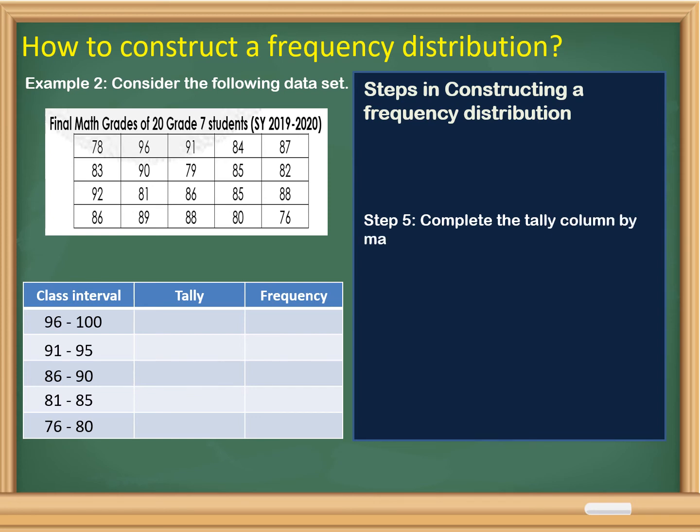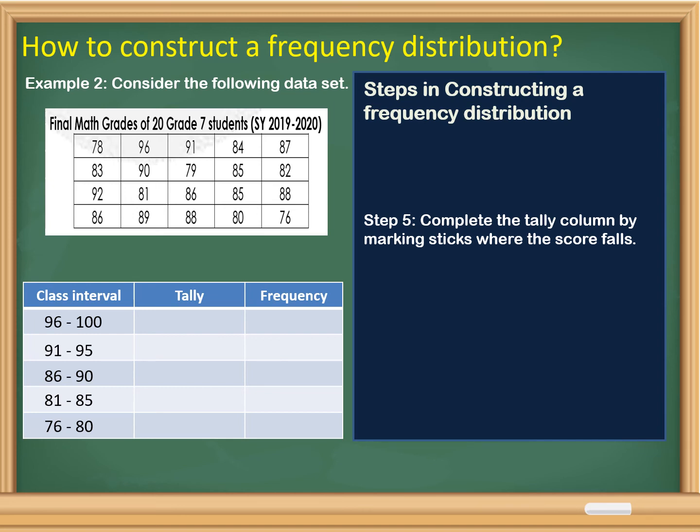Step 5, complete the tally column by marking sticks where the score falls. So we will complete the tally column by marking sticks where the data or values fall in each class interval for the given set of data.